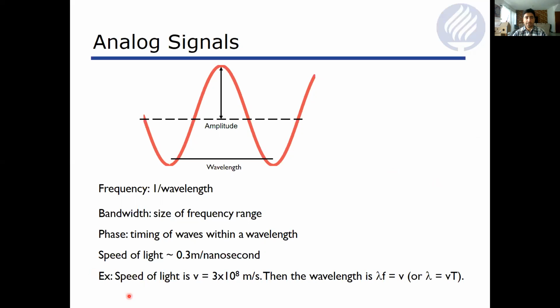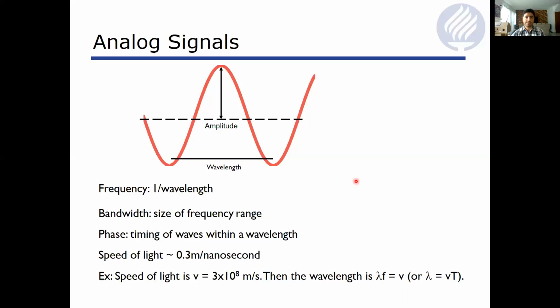If you consider the speed of light, for example, considering the signal propagates at the speed of light, it is basically 300 million meters per second, or we can say 30 centimeters per nanosecond. So if I have a wavelength of 30 centimeters, it means in each second I can have 1 billion wavelengths.